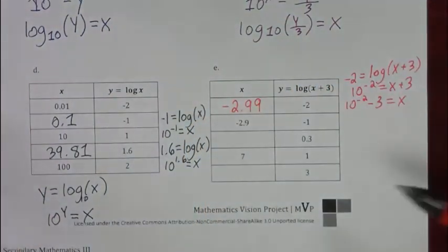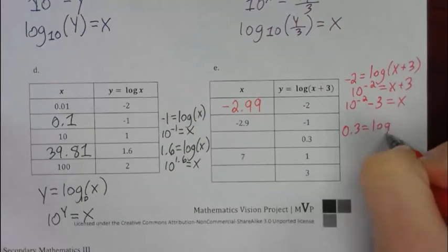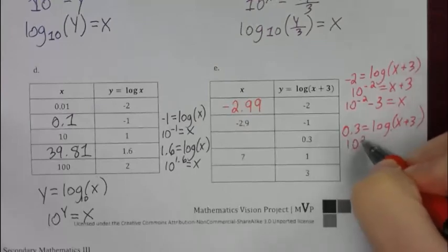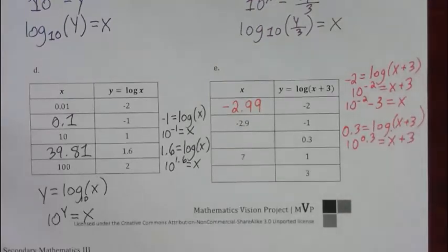So same thing for the next two rows. We would have 0.3 equal to the log of x plus 3. And then we have 10 to the power of 0.3 equal to x plus 3 when we rearrange it.